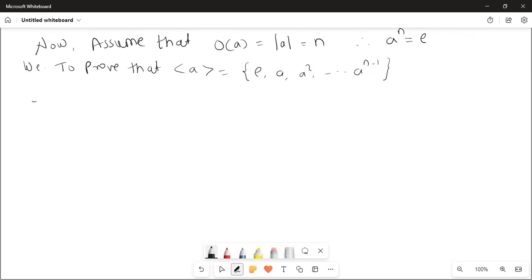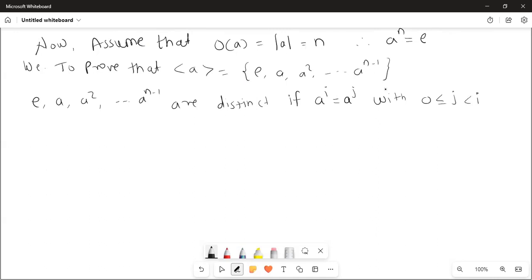देन ये जो एलिमेंट्स है e, a, a square up to a raised to n minus 1 are distinct if a raised to i is equals to a raised to j with 0 less than or equals to j, less than or equals to i, less than or equals to n minus 1. यहाँ पे 0 दिया है. j और i lies between 0 to n minus 1.